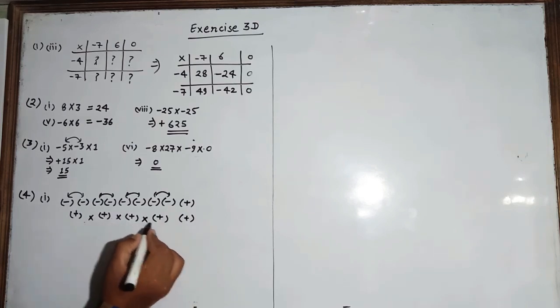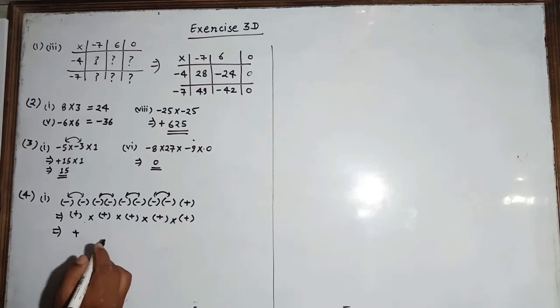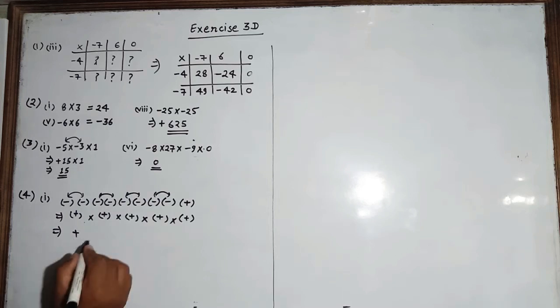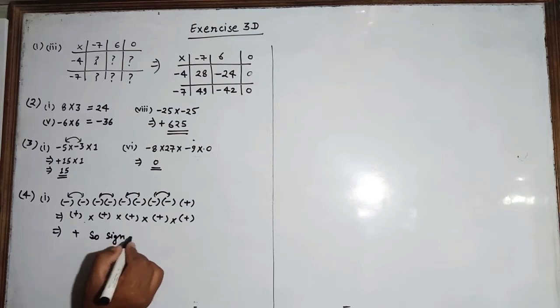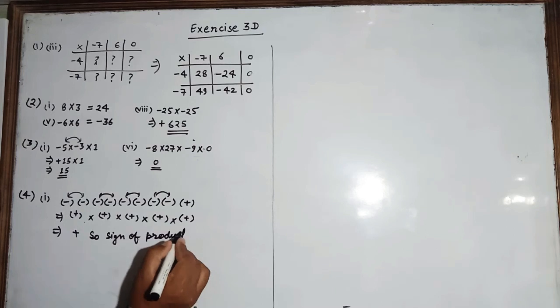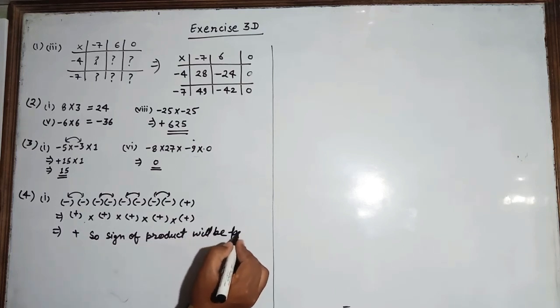So what was our question? 8 negative numbers and 1 positive integer. So the sign of the product will be positive. So we will write: sign of product will be positive.